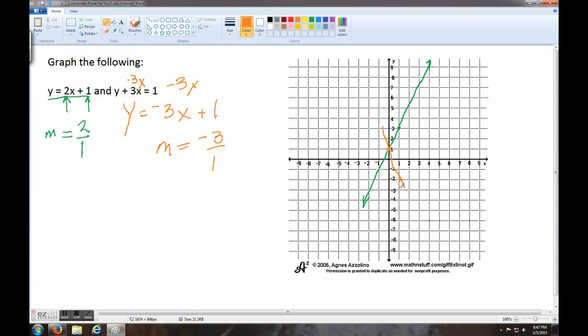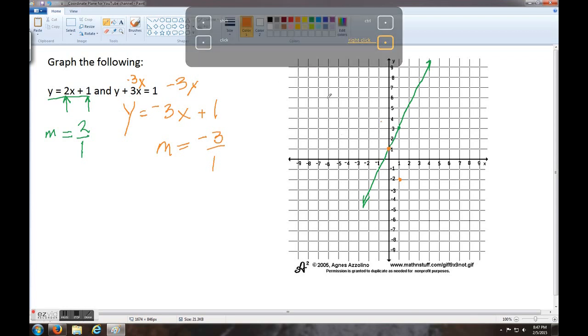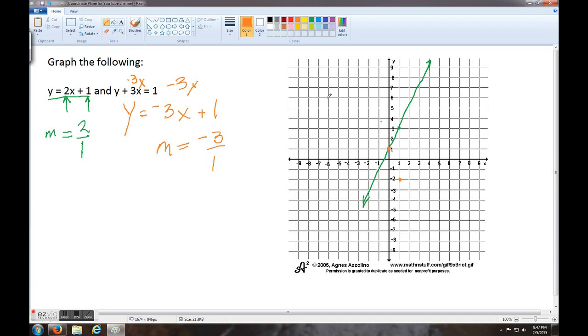We can easily find a second point, and that helps us out. Wow, I really apologize. This is pretty terrible. Anyway, that's a nice, easy way to graph two equations. Get them in slope-intercept form and graph away.